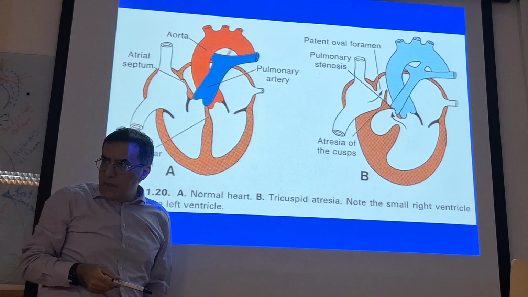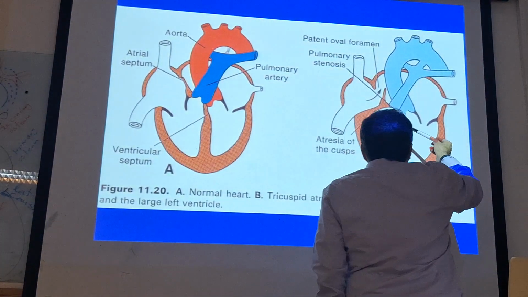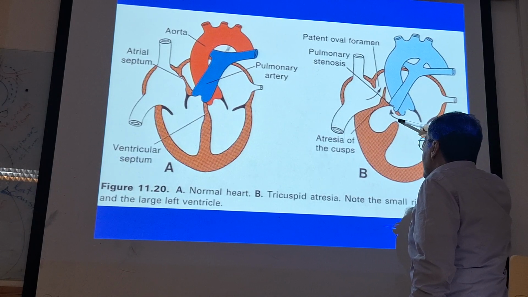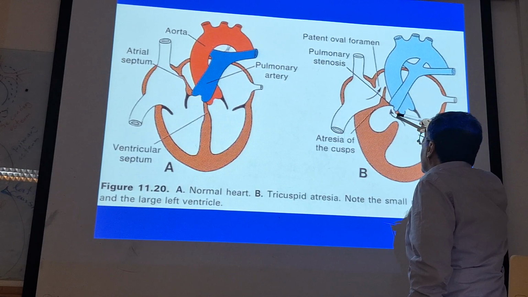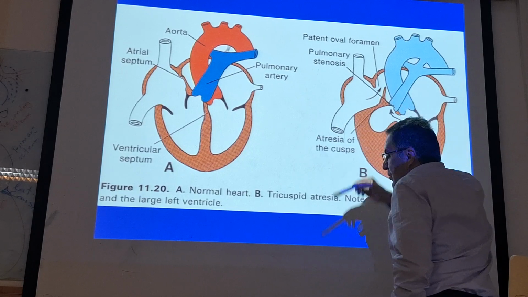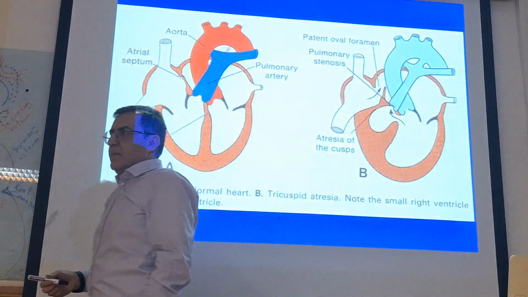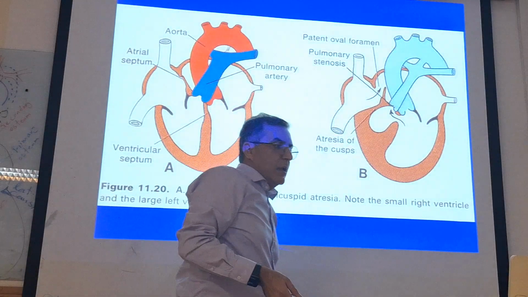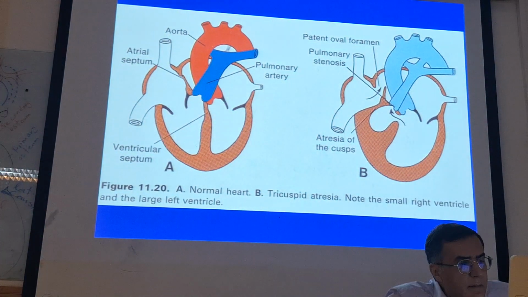Ductus arteriosus. In tricuspid atresia, we have an interventricular septal defect and an open ductus arteriosus, because blood has to go to the lungs by this pathway.